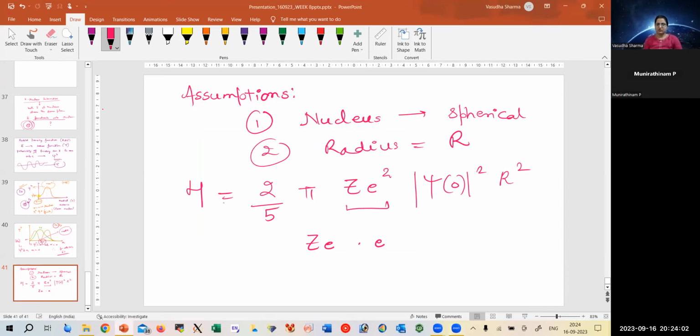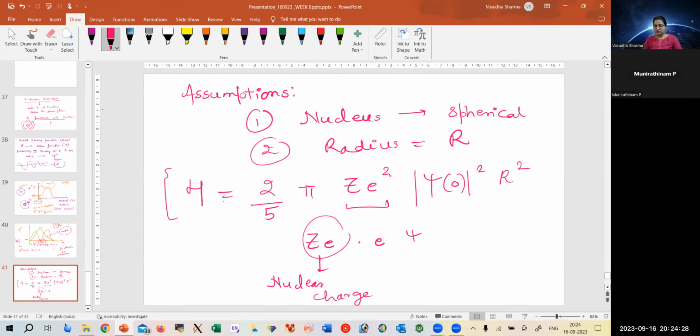Okay. So here, as we said, that S electron density is penetrating into the nucleus, that would be creating some Coulombic interactions that will help in changing the energy states. So therefore, that is related to the Hamiltonian. That mathematical equation is 2 by 5 pi Ze square psi square r square, where Ze is your nuclear charge, whatever the charge that nucleus is having.